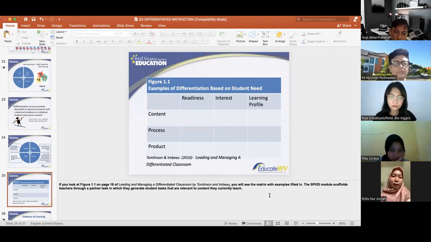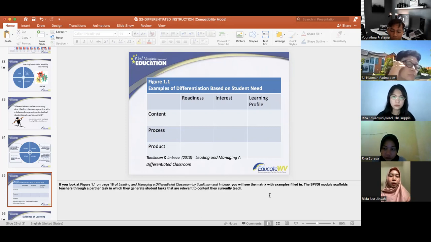In my opinion about differentiation based on student need, as a teacher we have to make a plan, like guidelines or rules in teaching and learning processes, whereas we have to include content, process, product, and we have to know about the student need in our class.